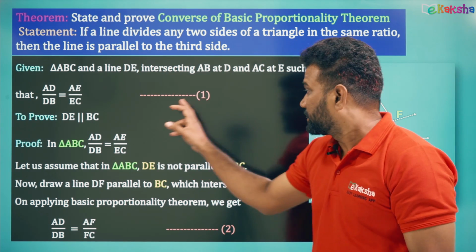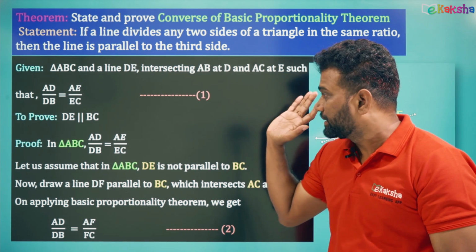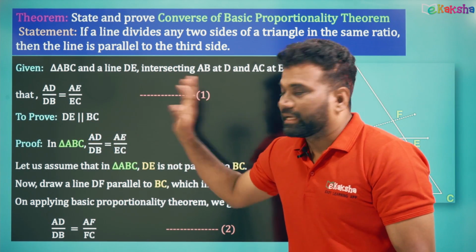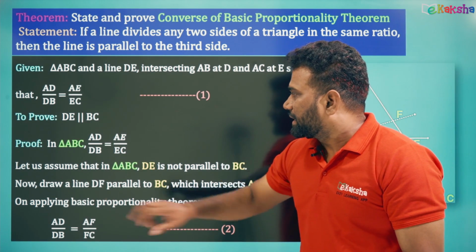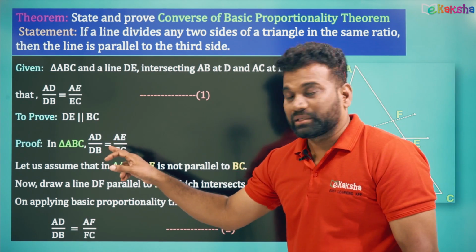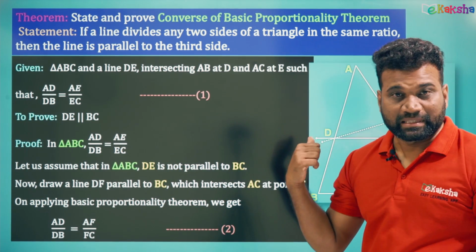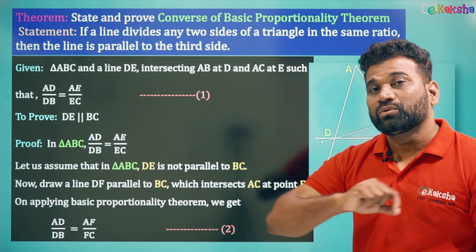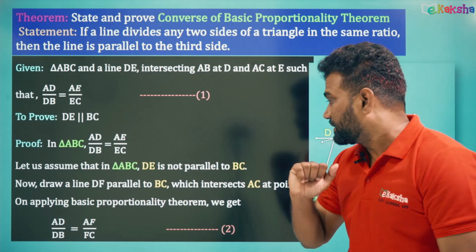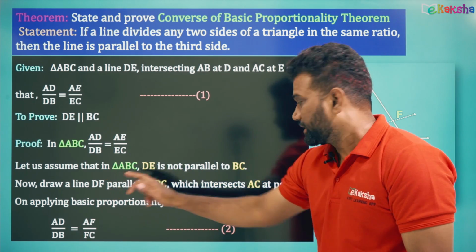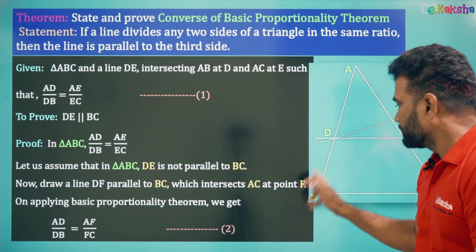We have got one relation. Let us call it equation number 1, and we need to prove DE parallel to BC. So we assumed in triangle ABC that DE is not parallel to BC. So we drew another line which is parallel to BC, that is DF, which intersects AC at point F.